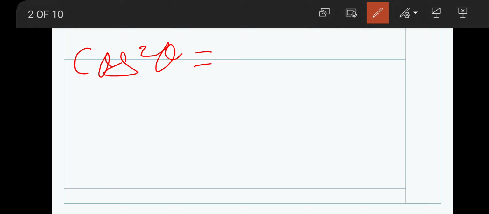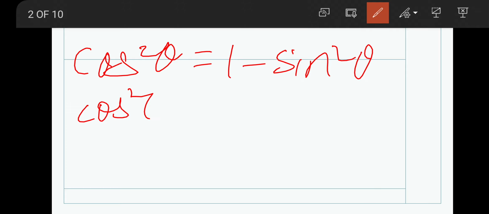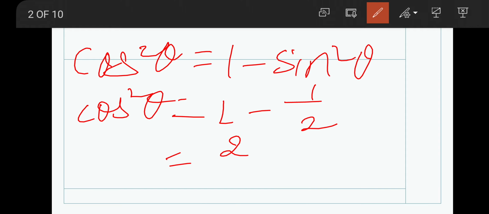Yeah, sin square theta plus cos square theta equals 1. So cos square theta equals 1 minus sin square theta. The sin square theta value is 1 upon 2, so I'm equalizing the denominators. 1 minus sin square theta means 1 minus 1 by 2.